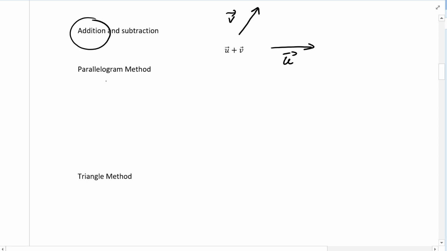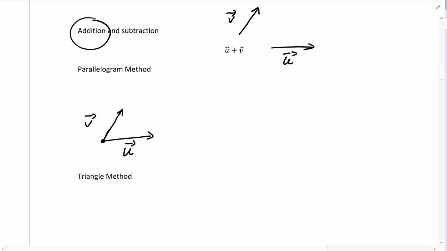If I want to add them using the parallelogram method, I'm going to draw the U vector, and then I will move the V vector so that its tail starts at the tail of U.